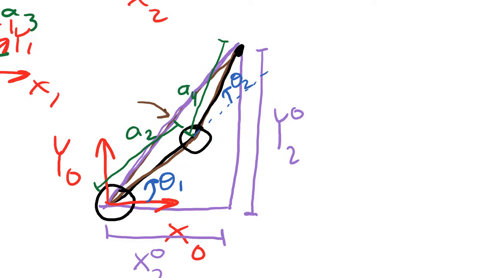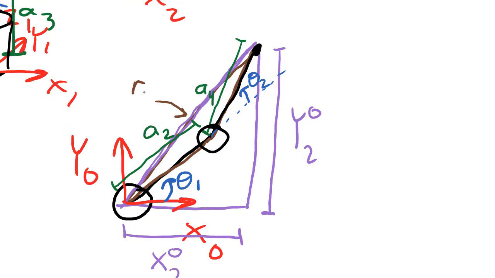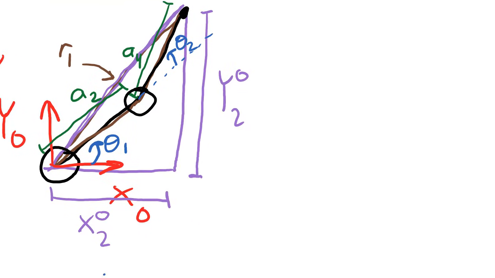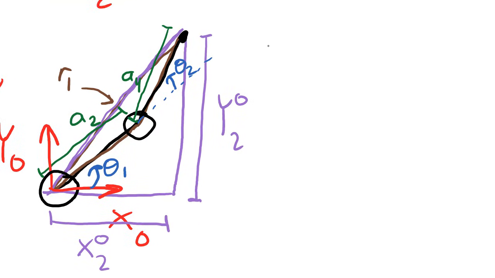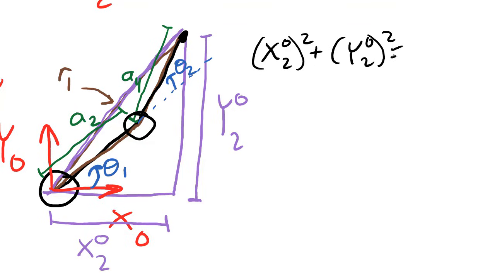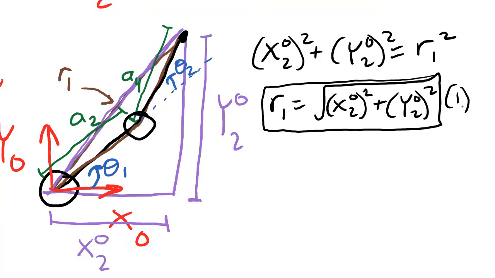The length of this side, which is overlapping between the two triangles, I'm going to call R1. We'll solve for the length of that side by going x02 squared plus y02 squared is equal to R1 squared. And then I'll solve for R1. I'll call this equation 1.